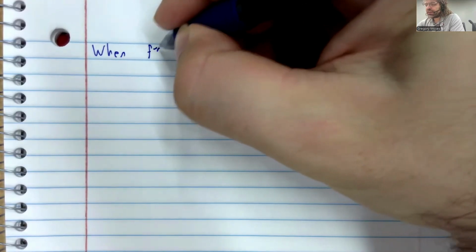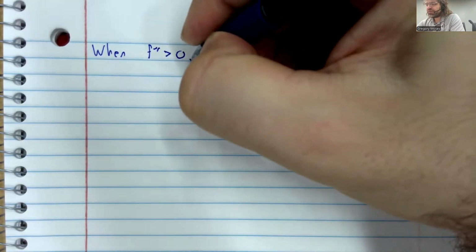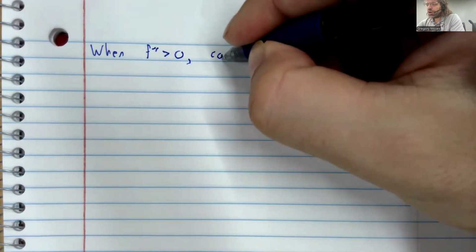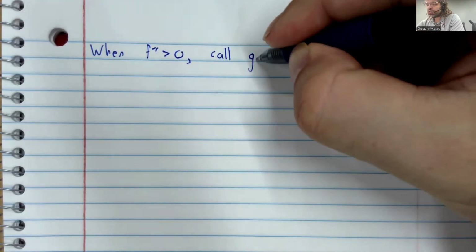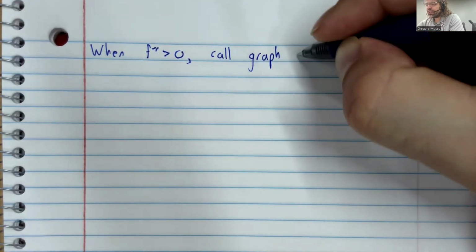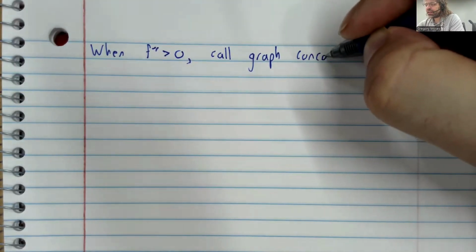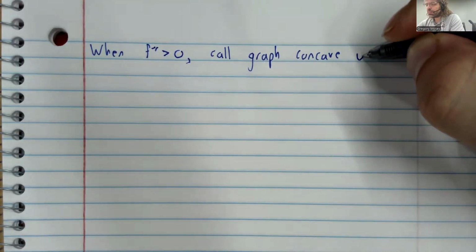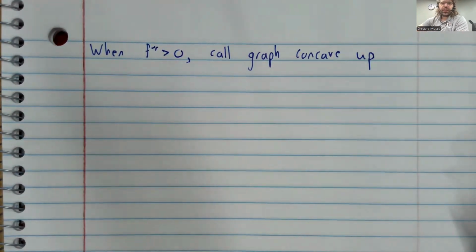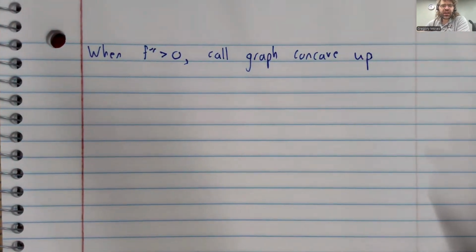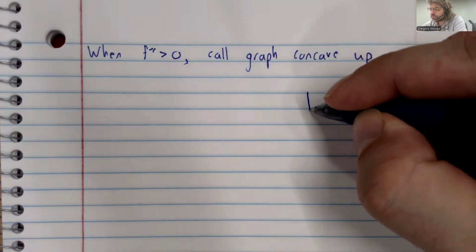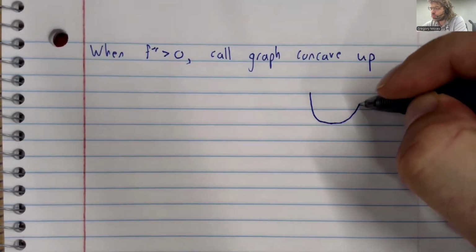When the second derivative is positive, we call the graph concave up. In addition to the slides, I often suggest that students keep track of this by thinking of a cup or a bowl.